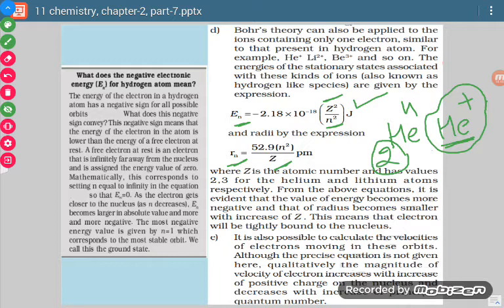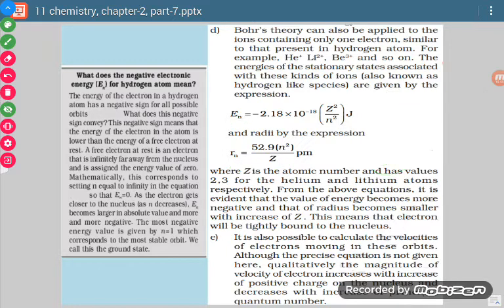Now the last thing which is conveyed by the Bohr model about hydrogen: it is also possible to calculate the velocities of electrons moving in these orbits. Although the precise equation is not given here, qualitatively the magnitude of the velocity of the electron increases with increase of positive charge on the nucleus and decreases with increase of principal quantum number.